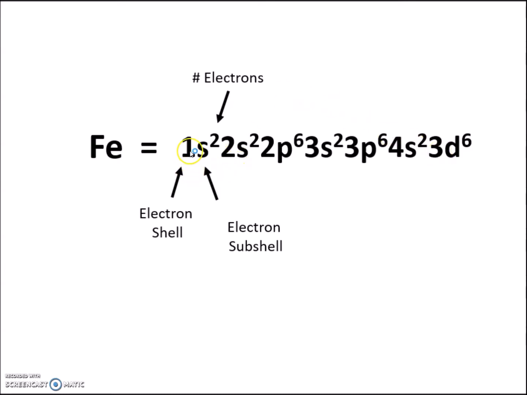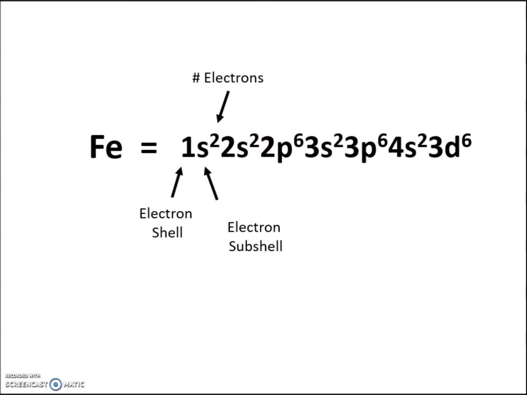The electron shell, or principal energy level, is listed first. Then the sublevel, or subshell, s, and the number of electrons that can fit within it, 2. After that sublevel is filled, we move on to the next one with the next higher energy, the 2s sublevel, which also can hold 2 electrons.